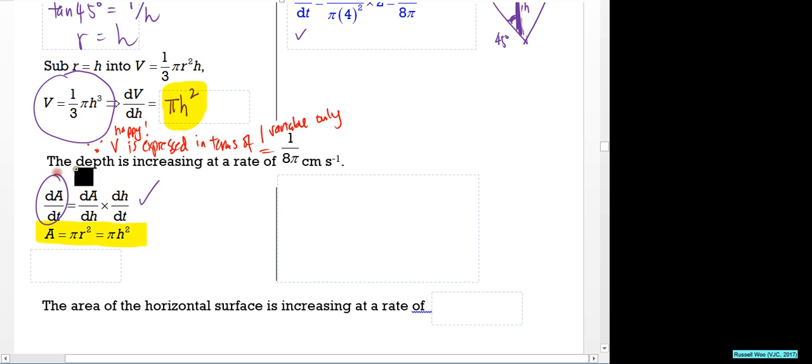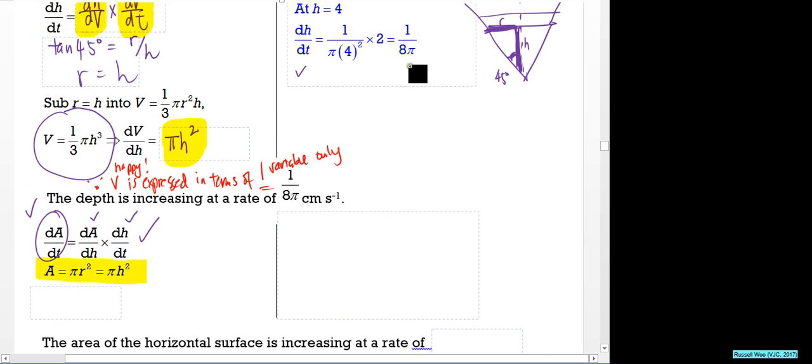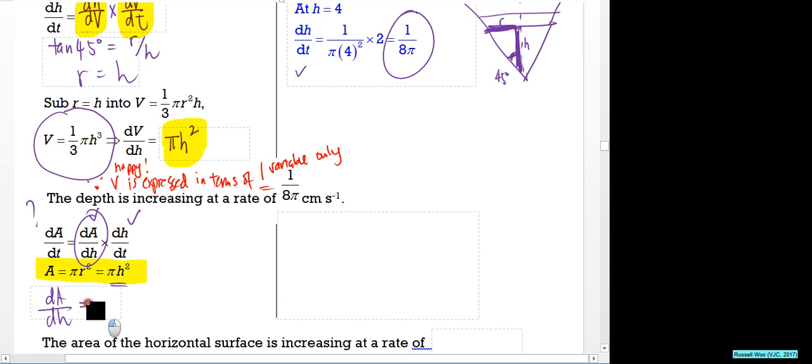So we use the chain rule. dA/dt, which is what you want, equals dA/dh times dH/dt. Do you know dH/dt? Yes, dH/dt is this. So you know this, you know this. How do we know dA/dH? From here, dA/dH is actually 2 pi h. Does it make sense? You differentiate once.